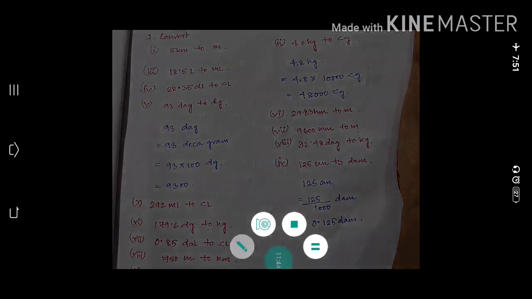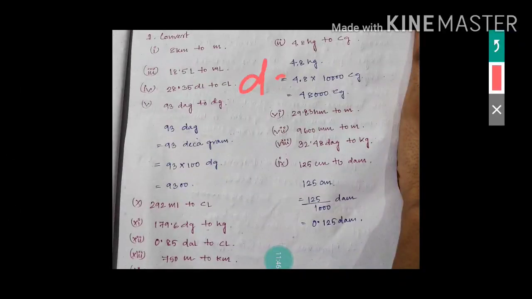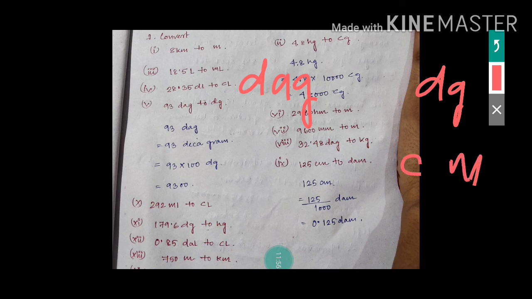So DAG means DA means deca, G means gram. That means decagram. From decagram you have to convert to dg, that means decigram. First of all you recall the table: milli, centi, deci, gram, deca. Got it? So from this side you have to shift to this. How many jumps? 2 jumps. 2 jumps means multiplication or division?